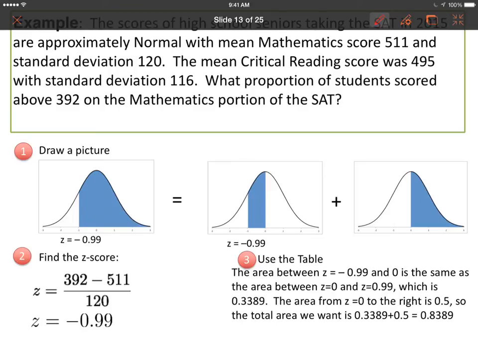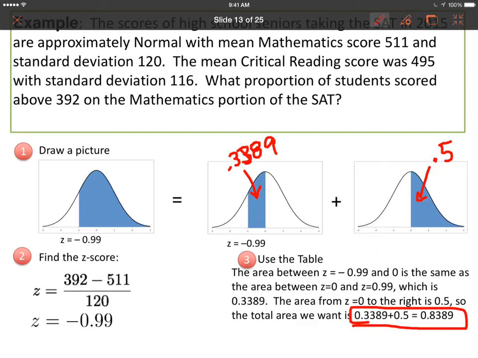Okay, so again, we got that this area was 0.3389, and this area was 0.5. And so since we want the sum of those two areas, we're going to add them.